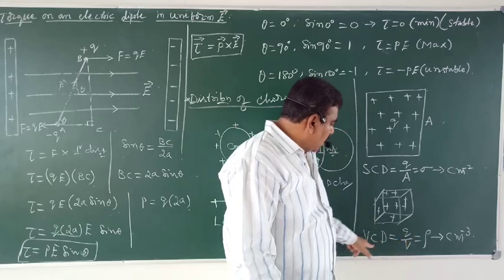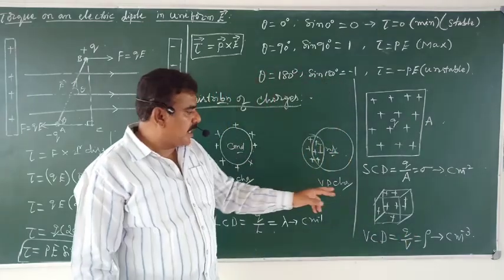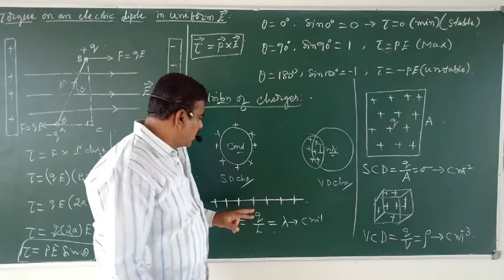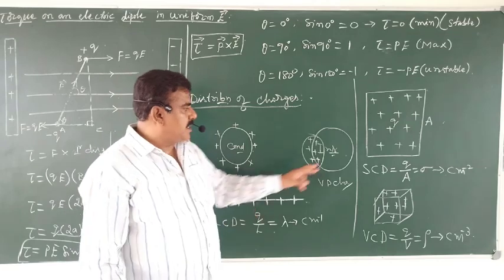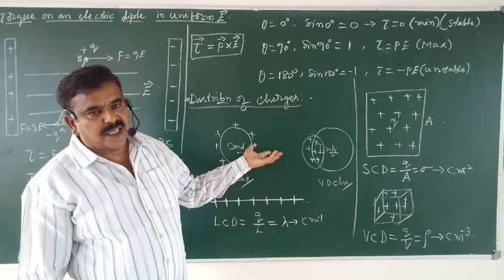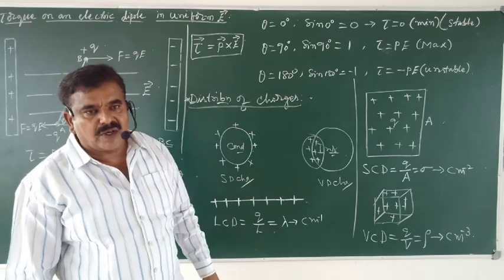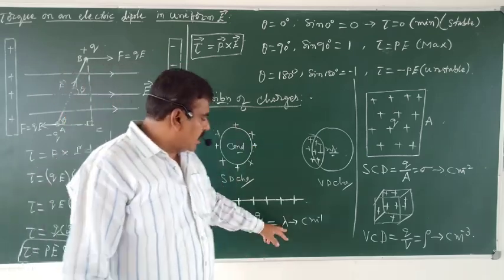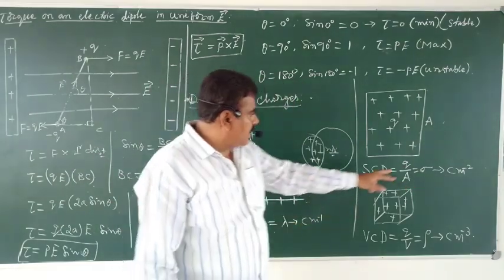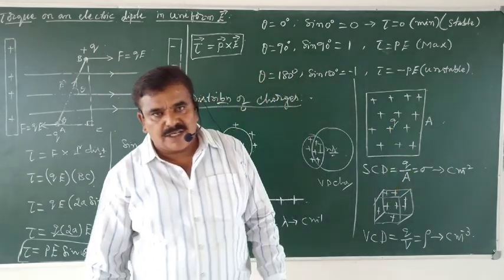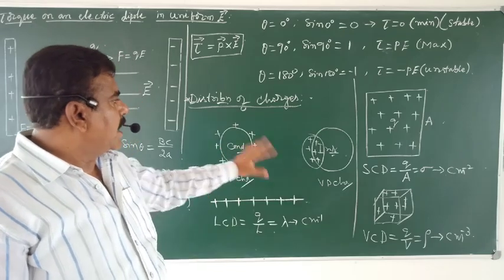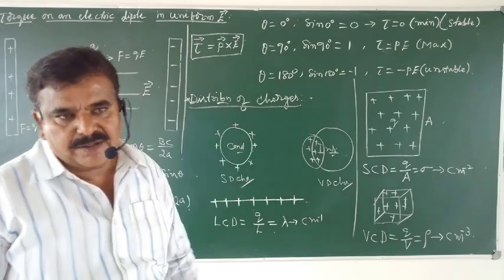In the case of insulators only, you can find this. In the case of conductors, you will find linear charge density or surface charge density. Using these, in future we are going to derive some expressions with linear charge density and surface charge density. This is about how charges are distributed in conductors and in insulators.